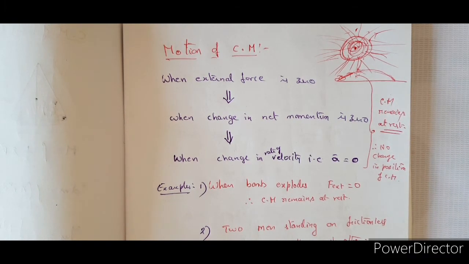Why are we saying this? When the bomb explodes, it is not an external force acting on it, but the internal reactions that are taking place. It's only the system itself exploding. Thus, the center of mass will continue in its same path.